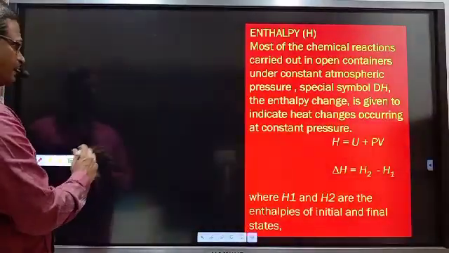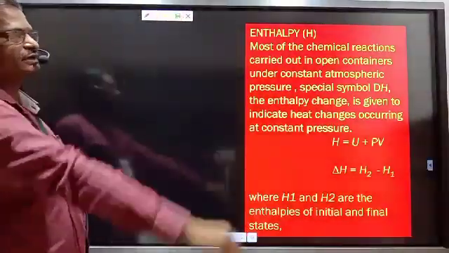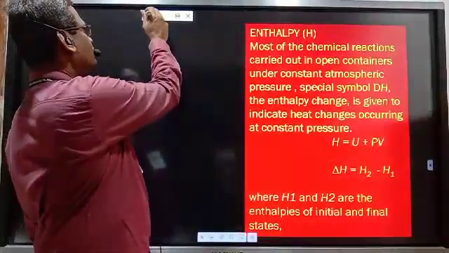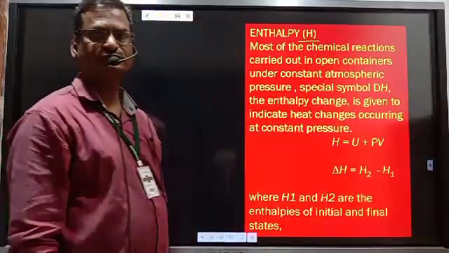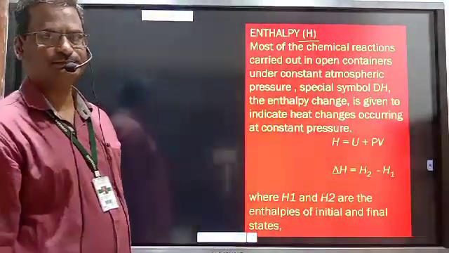First one, enthalpy. See what is meant by enthalpy. The symbol H is used for enthalpy.